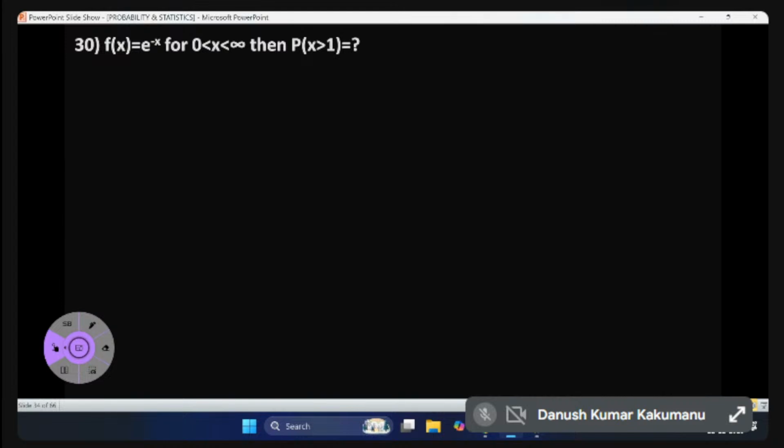But the integral limits are from 1 to infinity, since x is greater than 1. If it is x less than 1, it means 0 to 1. X greater than 1 means 1 to infinity, of e power minus x. You will try, na? No problem. You will get the answer for this one, 1 by e. Try.